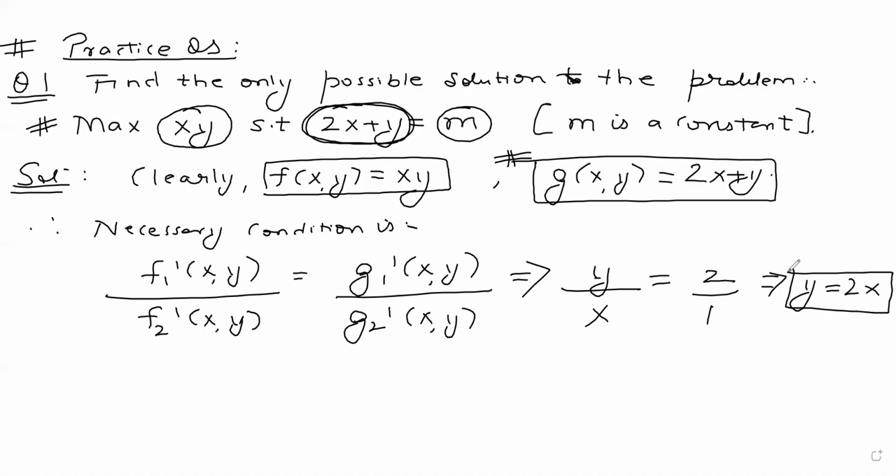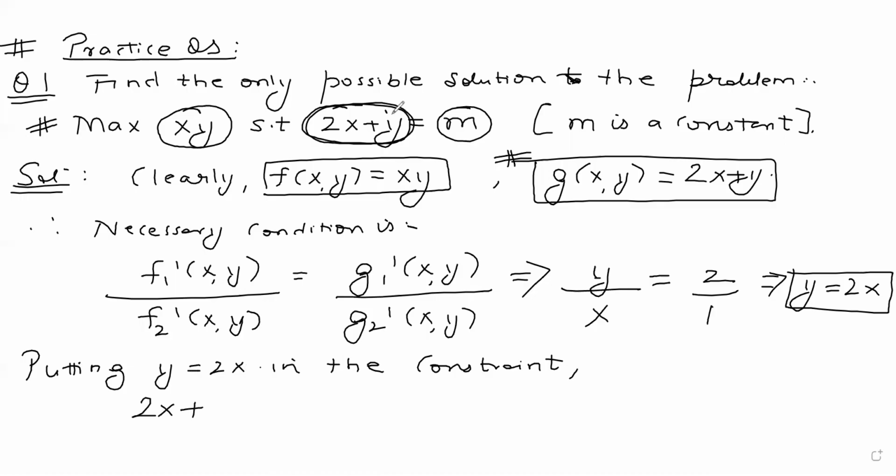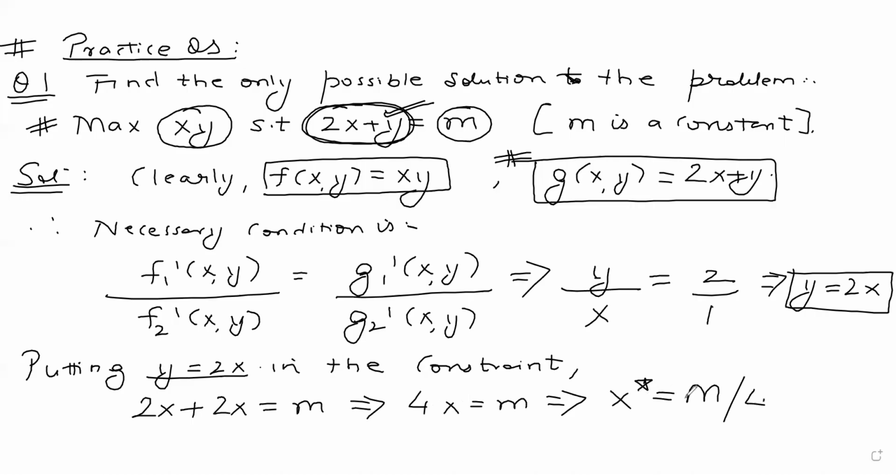Now I'm going to put it in the constraint. Putting y equal to 2x in the constraint, what do I get? 2x plus y, and y is nothing but 2x, equals m, which implies 4x is equal to m, so x star is equal to m by 4.